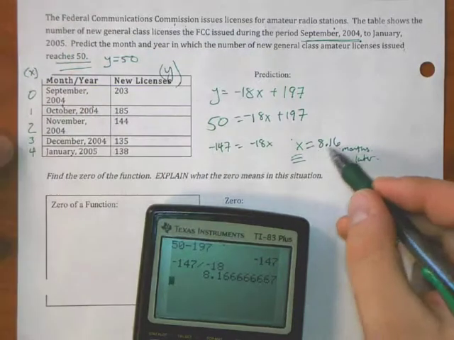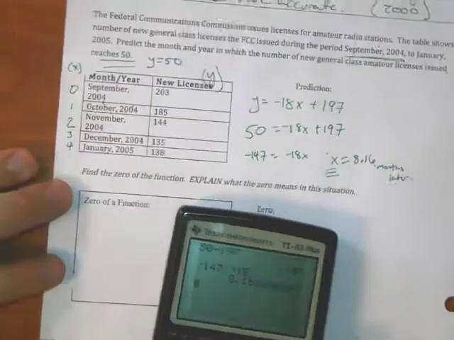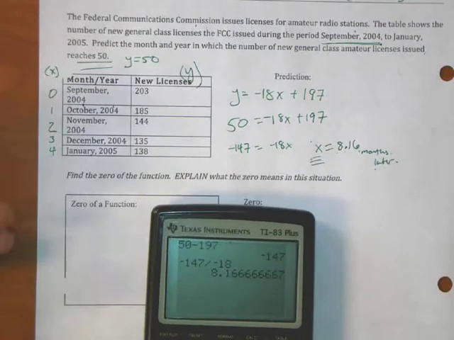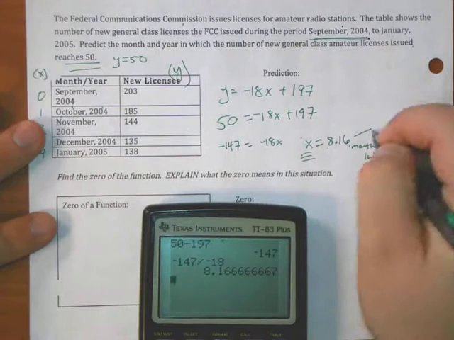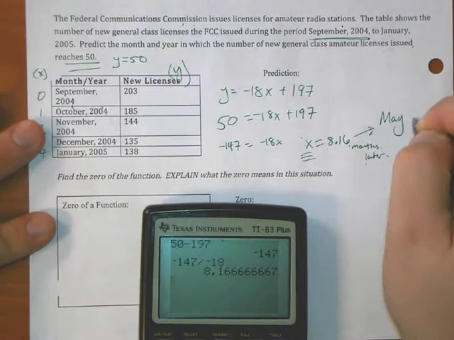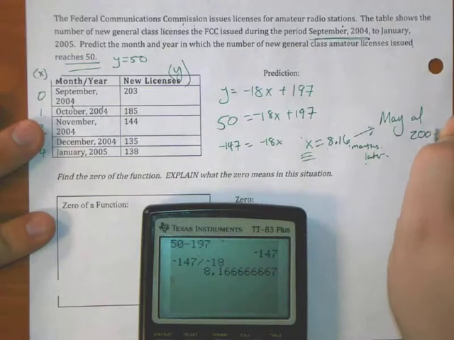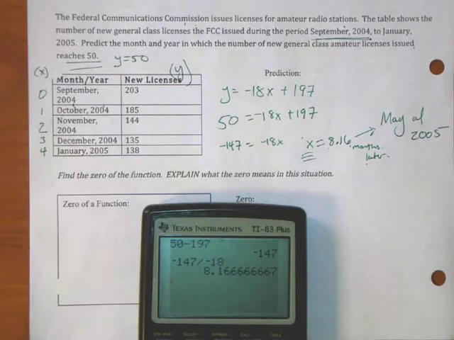Our x is 8.16. What month would month 8 be? If January is 4, February is 5, March is 6, April is 7. What's month 8? May. So this would correspond to May of 2005.